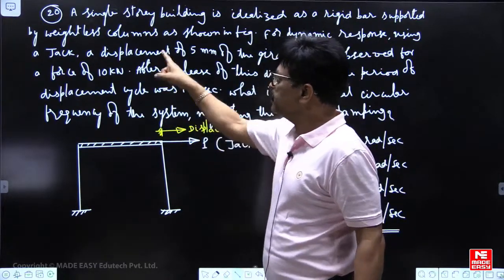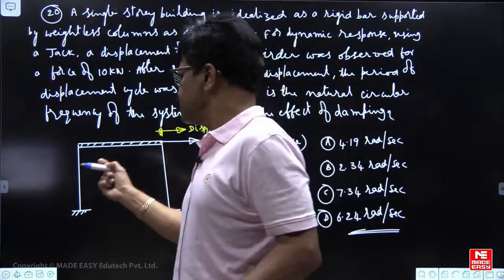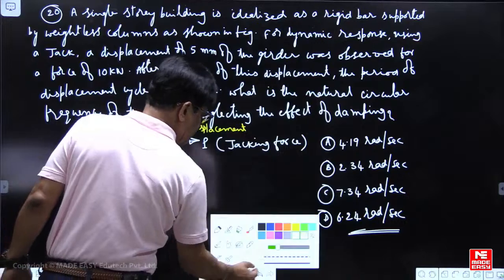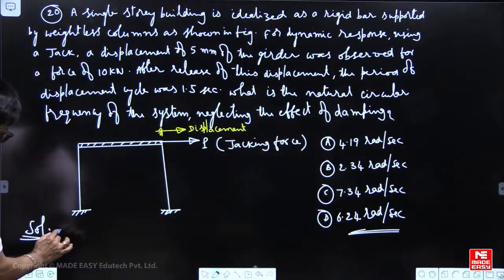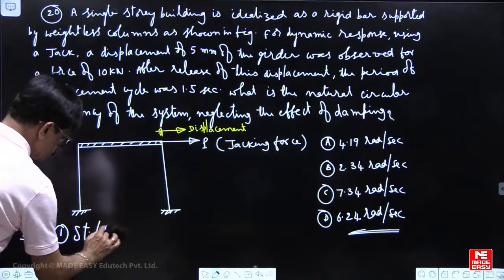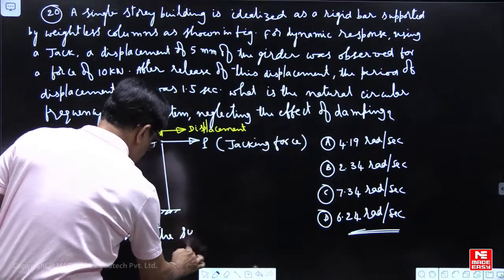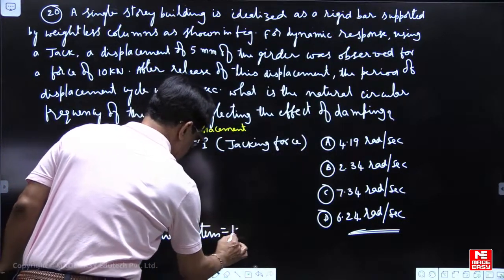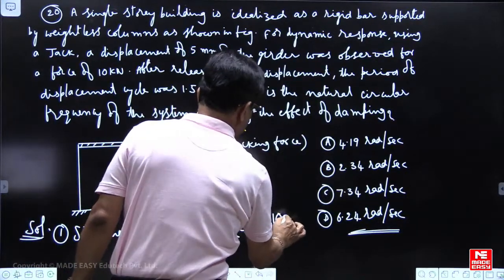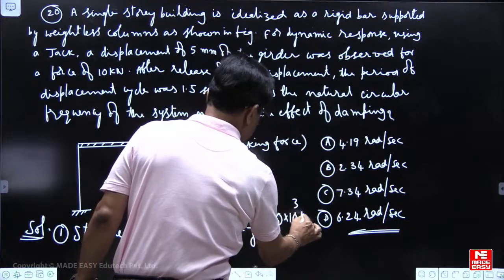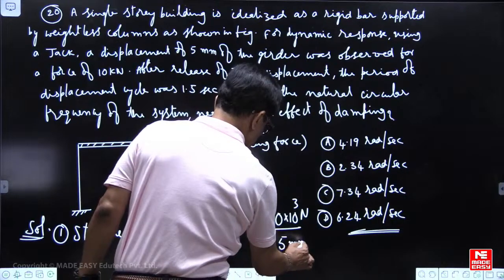So for 10 kilonewton 5 mm, means for 1 mm what is the force? That becomes the stiffness of the system. So we can write stiffness of the system, W by delta, 5 mm.